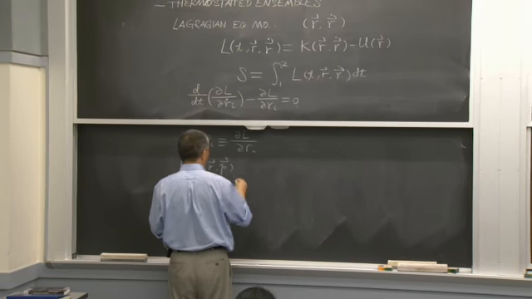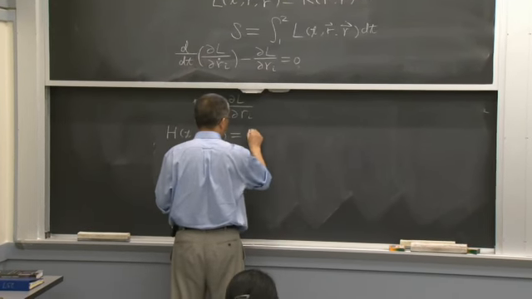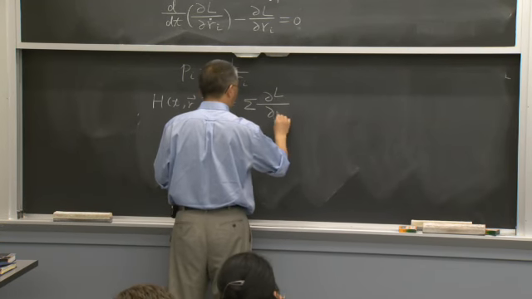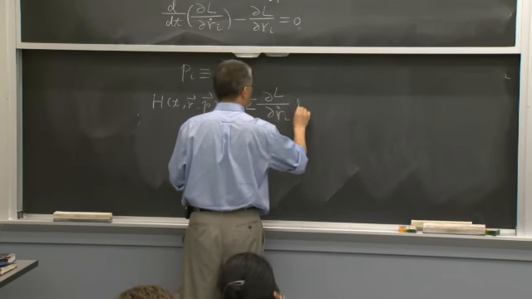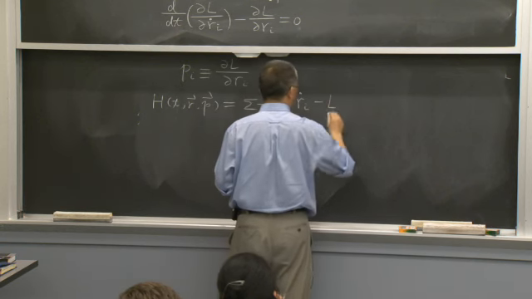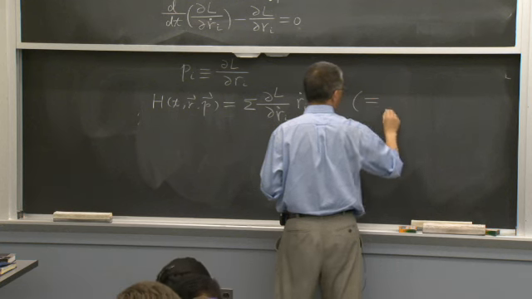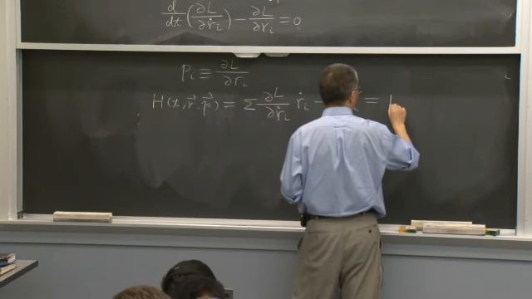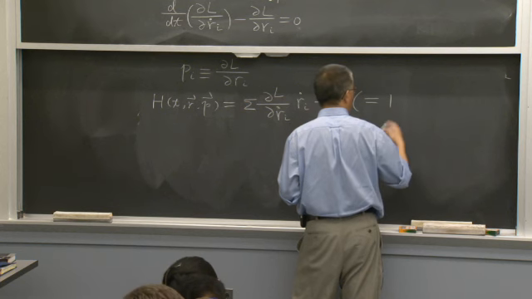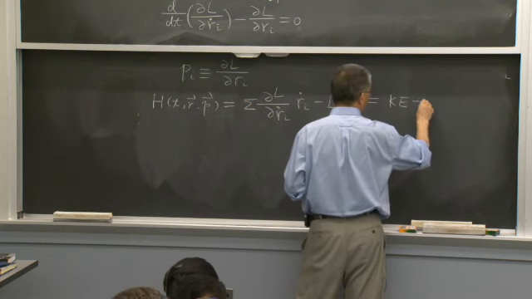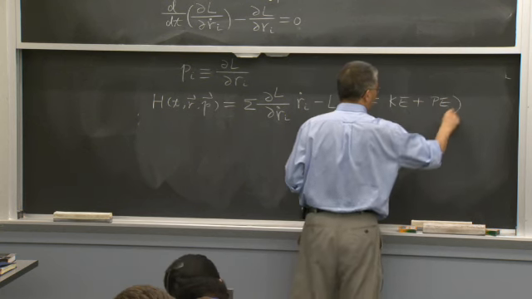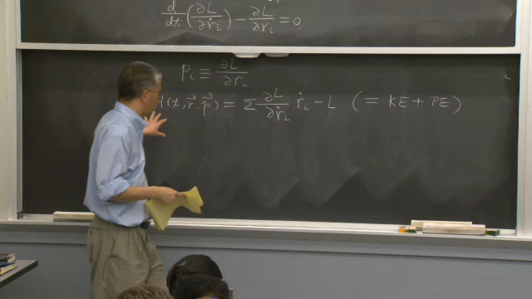So this is the sum of p_i r dot_i minus L, and you can say in the simple case, in Cartesian coordinates, it's really kinetic energy plus potential energy. This is what we typically think about as the Hamiltonian.